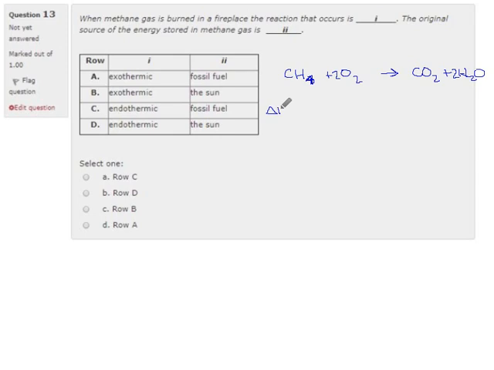And that means our delta H is products minus reactants, so it's carbon dioxide and 2 steam, minus, and for reactants we have just methane, which is minus 74.6.